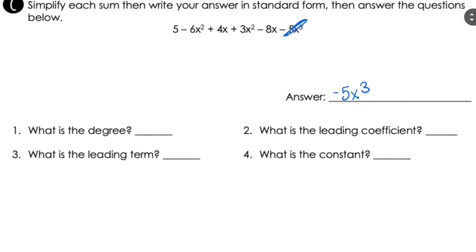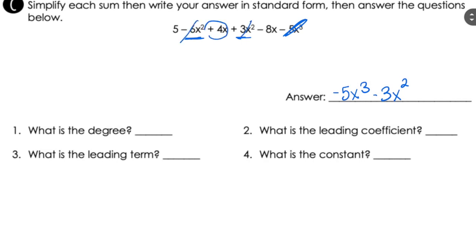Cross it out just to keep track of what's going on. If I go down one, so I started out with x to the 3rd power, and now I'm going to go look for x to the 2nd power. I see 2 terms, and I'm just going to add the numbers in front of them. So negative 6 plus 3 is going to give me negative 3, and I'm just going to attach my exponent and my variable there. Cross those out.